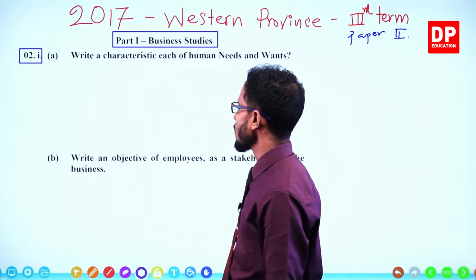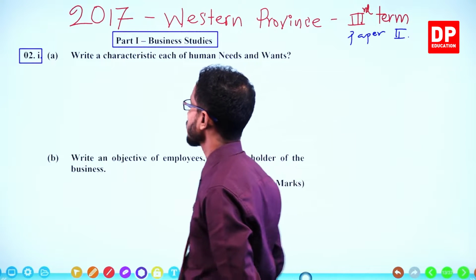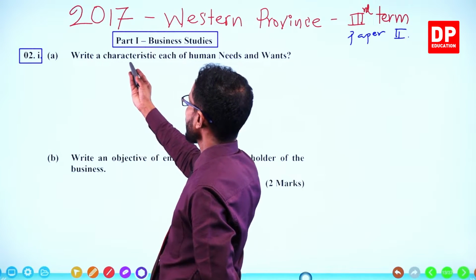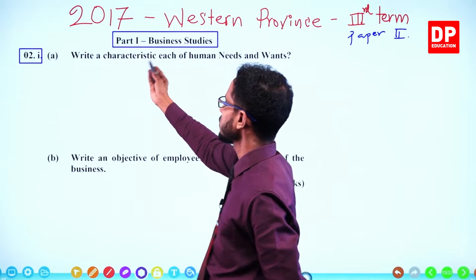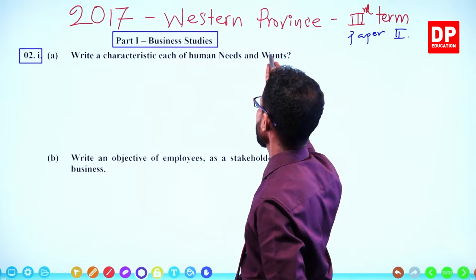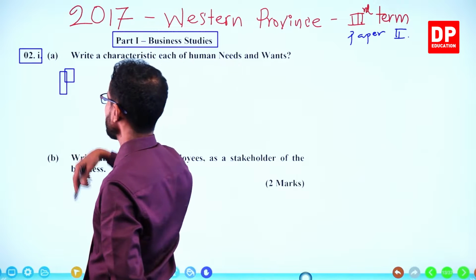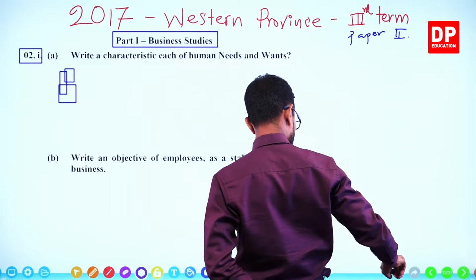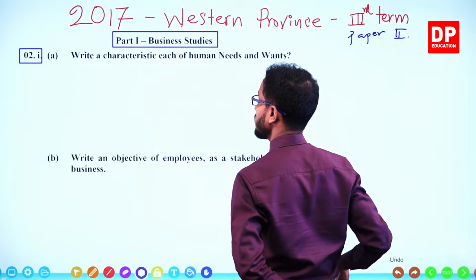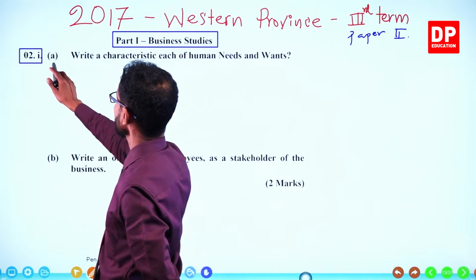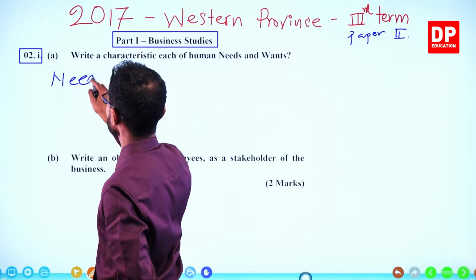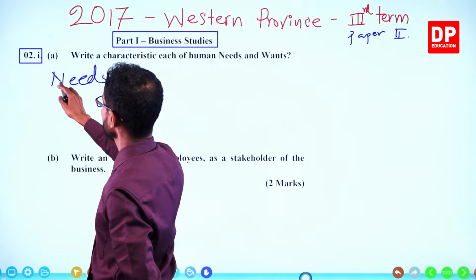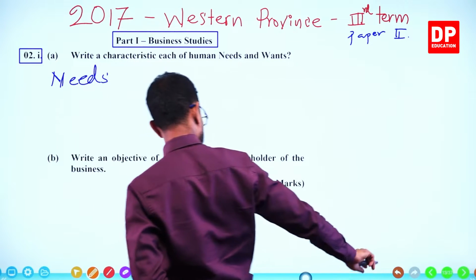So, second question, Roman number 1, part 1. Write a characteristic of needs and wants. Easy peasy, lemon squeezy. Characteristics of needs.